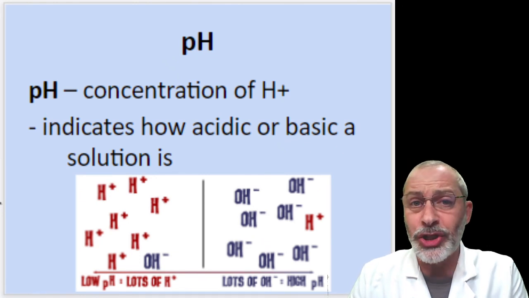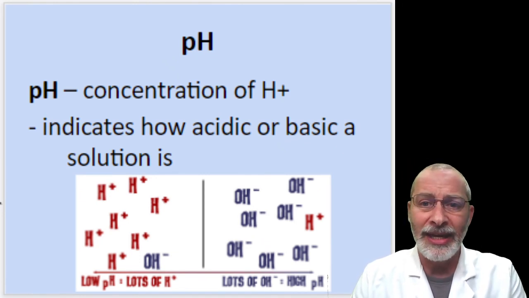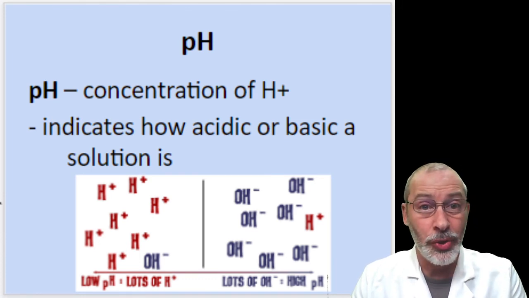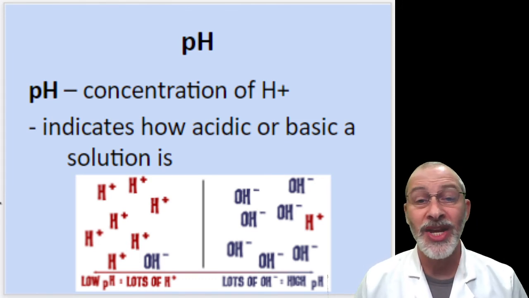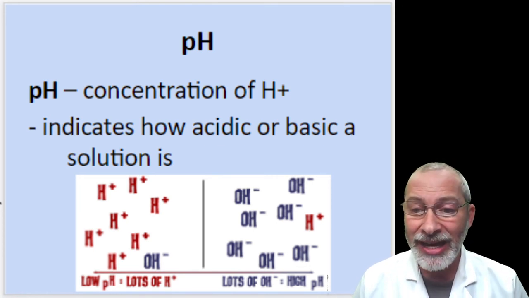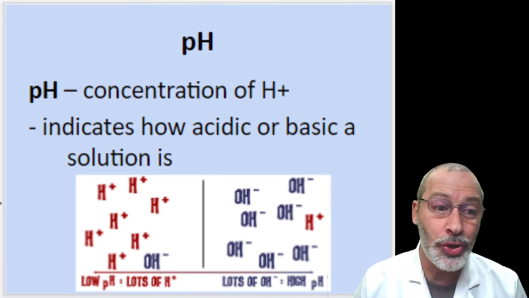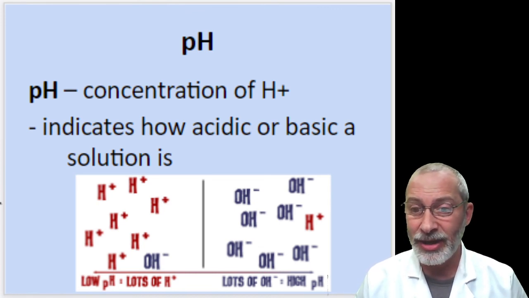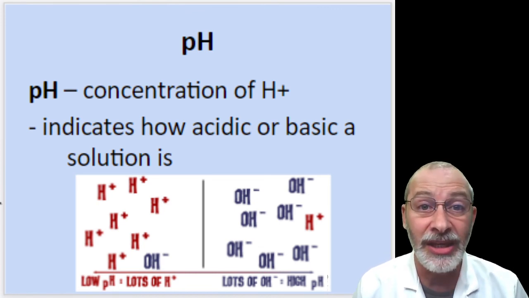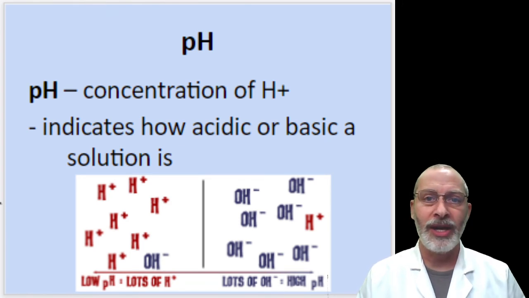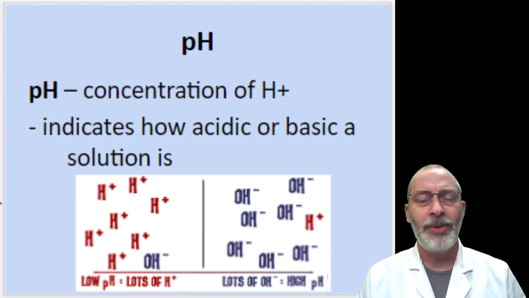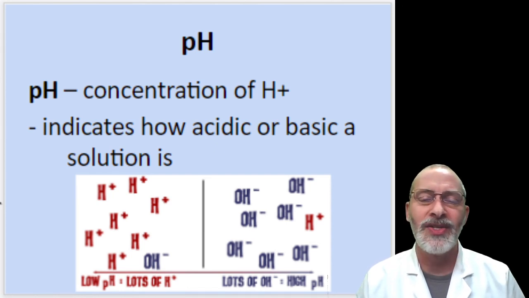Now, the pH of something indicates how acidic or how basic a solution is because it measures the hydrogen ions in a solution. By the way, we're not going to get into this necessarily, but there is also a thing called pOH. We won't get into that now, but in high school, I'm sure you certainly will. But pH indicates how acidic or basic a solution is.